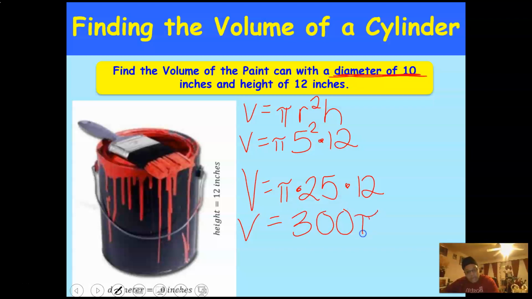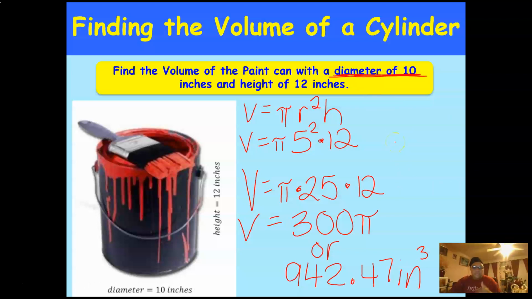And you have 300 pi, or you could have 942.47. And don't forget, in the last question I forgot, but don't forget it'd be inches cubed. Okay? I broke it down so you can see each part. It's okay to break it down like that until you get a hang of this, okay?